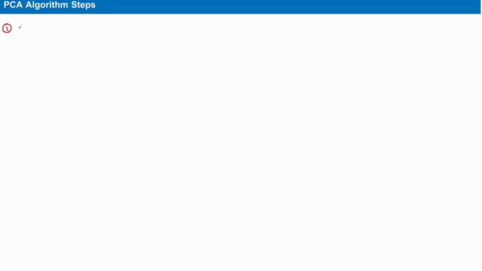So the first step is that we mean normalize the features in the data set. How will it be mean normalized? For the xj features, you need to mean normalize them. In order to normalize the xj features of your data set, you first need to find mu j, which is called the mean of feature j.